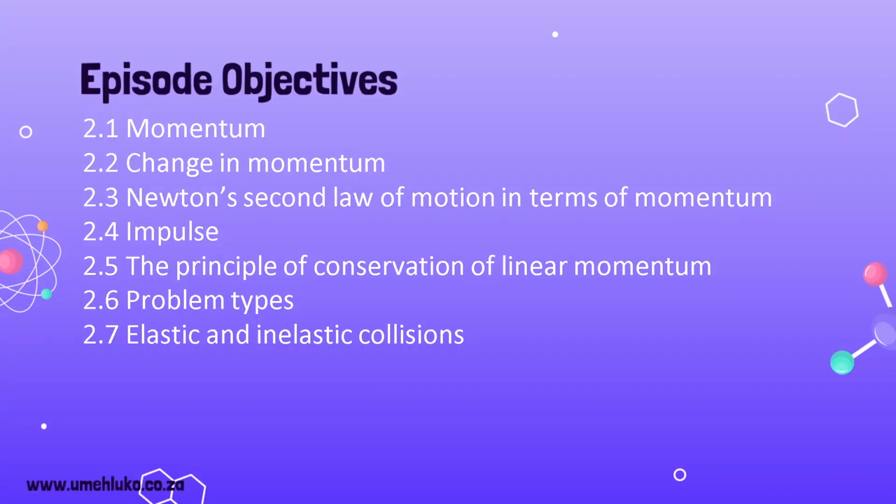Another thing that you need to recall whenever you are working on problems relating to momentum and impulse is the principle of conservation of linear momentum. The principle of conservation of linear momentum states that in an isolated system, the total momentum is conserved. In other words, if a body possesses a certain momentum before, and eventually it changes to another momentum, what will happen in an isolated system?